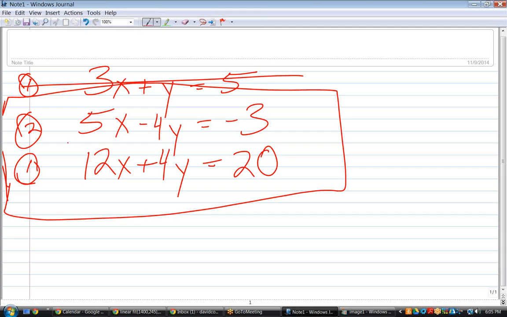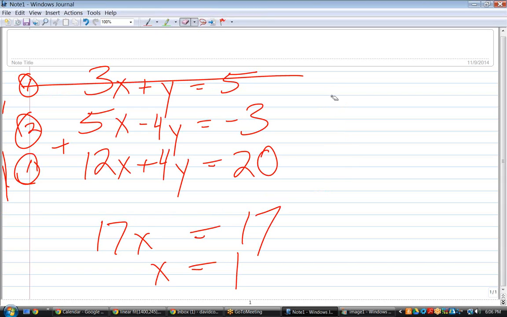So what happens if I add these two equations? And remember, you can always add or subtract any two equations, no matter what they are. If you add it, you get 17x equals 17, and then divide 17 on both sides and you get 1. So x equals 1. Now, how do you solve for y? Plug in 1 for x.